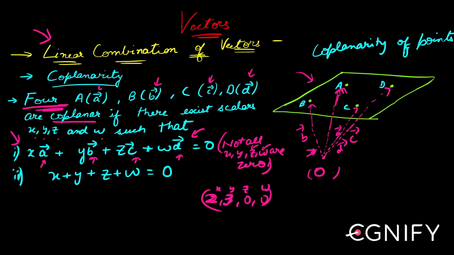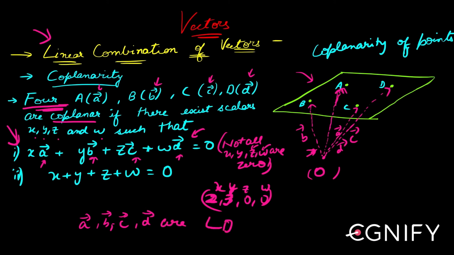So if there is any such combination possible where at least one of x, y, z, w is non-zero, and the combination can still be 0, then that makes sure that the first condition is taken care of. And what does this indirectly mean? This indirectly means that a bar, b bar, c bar, d bar are linearly dependent, right? That is what this condition means.